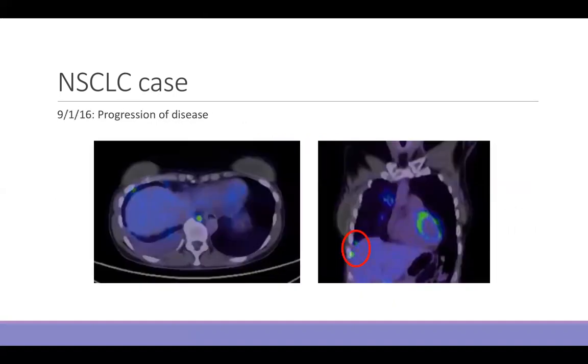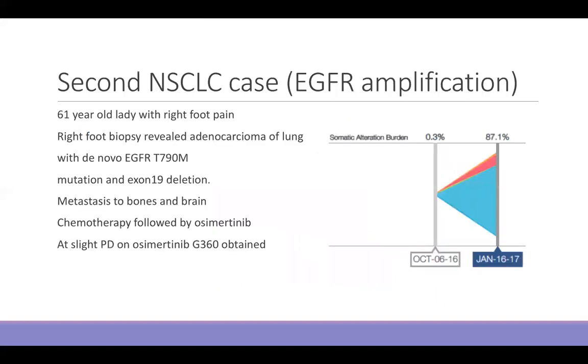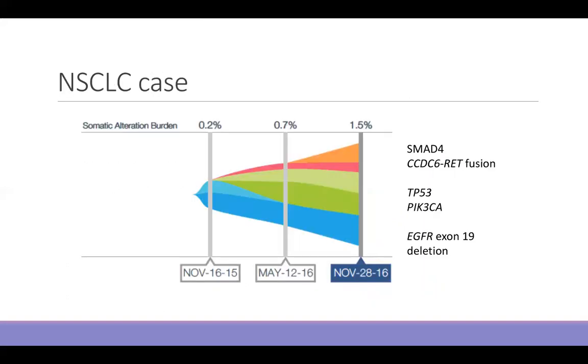So this is the progression we saw. And later on, when we repeated it, the clonal landscape changed, and consistent with that, the patient experienced another progression. But later on, when we used a RET inhibitor, the patient did respond.